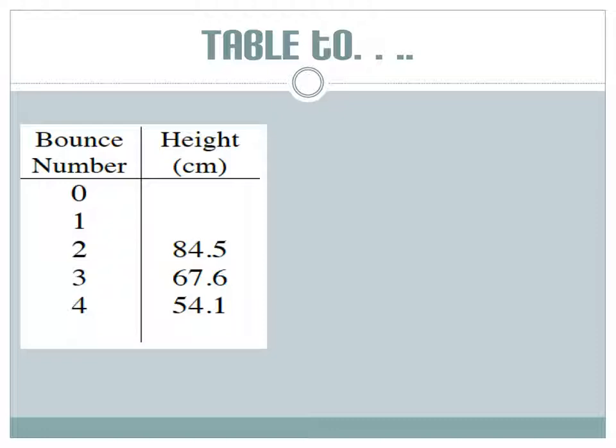Last one, once again, we have a table, and we need to find the multiplier, and we find the multiplier by dividing backwards. So 54.1 divided by 67.6. When we do that division, we get a multiplier of 0.8. So now we have part of what we need to write the equation, but not everything.